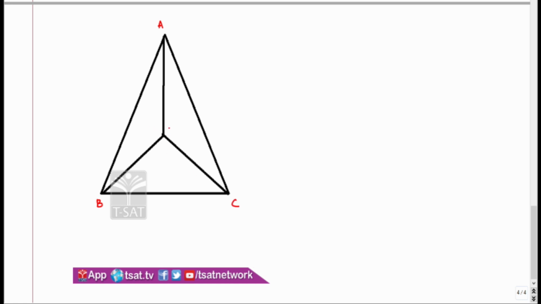O is the orthocenter. We know angle BOC is 180 minus A, or else you can also say it is 180 minus angle BAC.